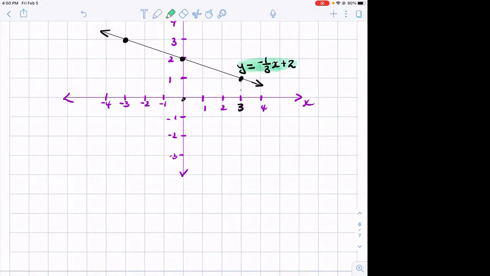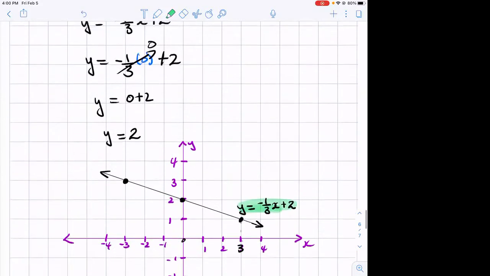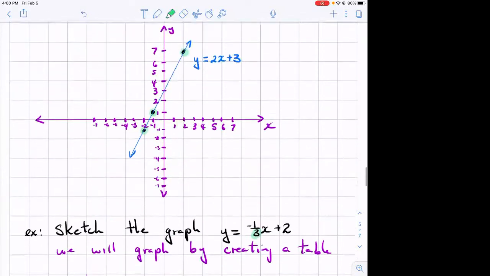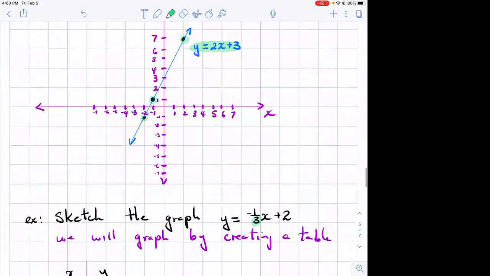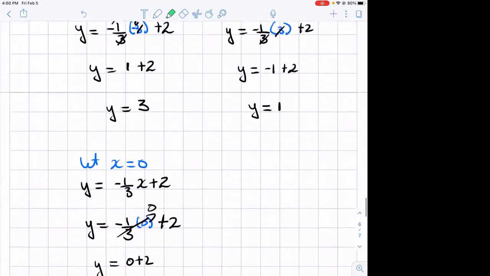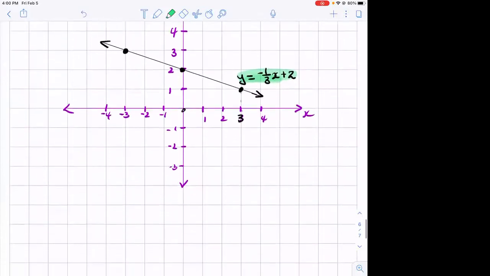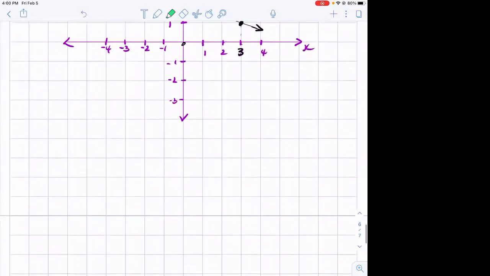So I could have written it here, I could have written it here. Just make sure you write it near the line. And let's just make sure we did that for our first example. Yes, we did. The equation must be written next to the line. So this here is graphing linear equations by creating a table.